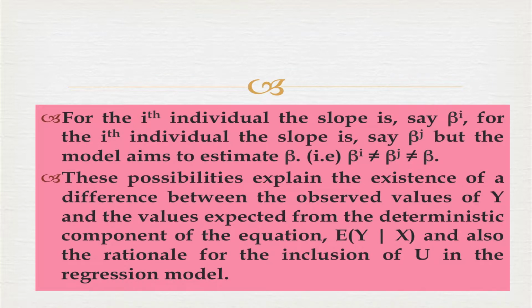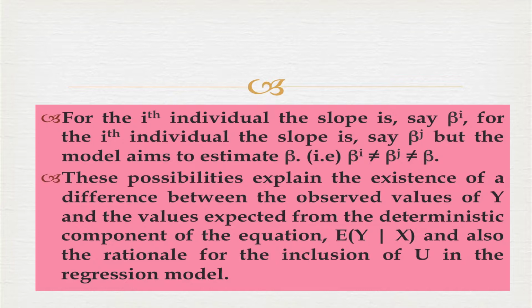For the ith individual, the slope or beta may be beta i. For the jth individual, the slope may be different, that is beta j. Naturally, beta i is not equal to beta j and not equal to beta.